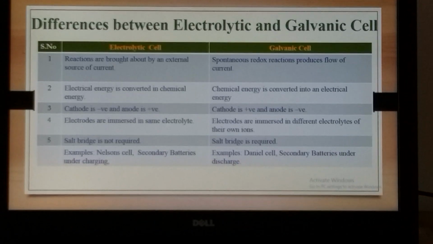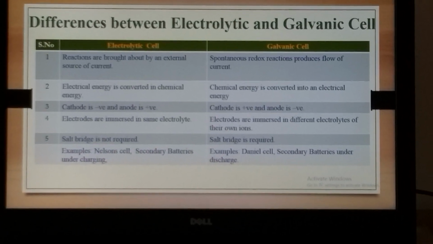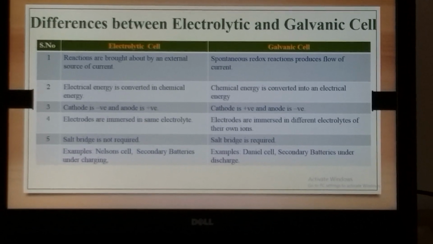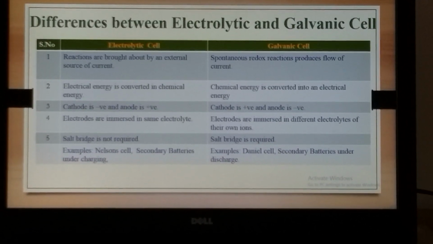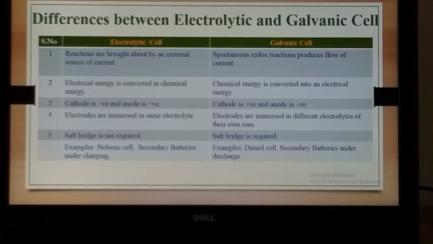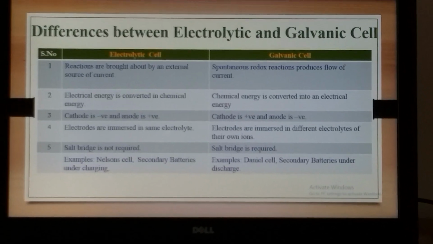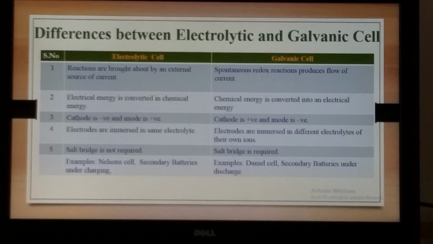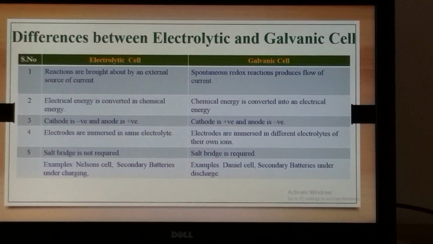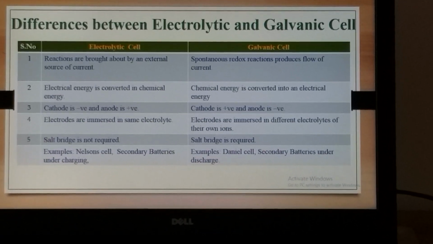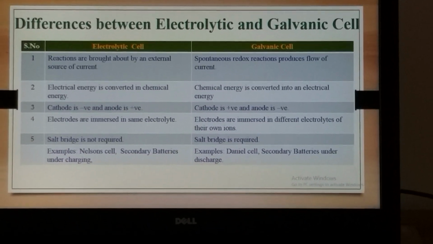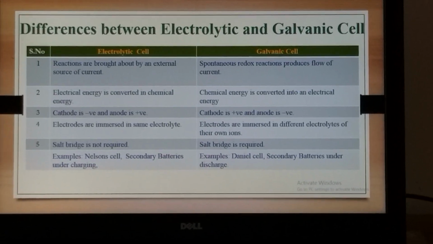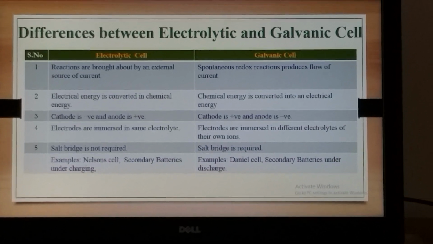The cathode is negative and anode is positive in the electrolytic cell, whereas in the galvanic cell the cathode is positive and anode is negative. In the electrolytic cell, the electrodes are immersed in the same electrolyte. In the galvanic cell, the electrodes are immersed in different electrolytes.